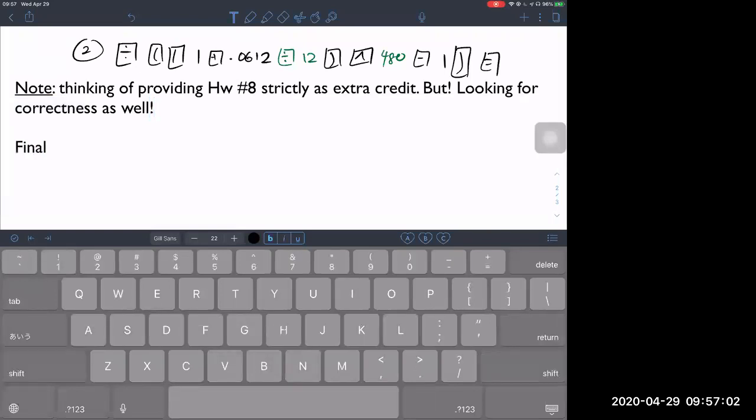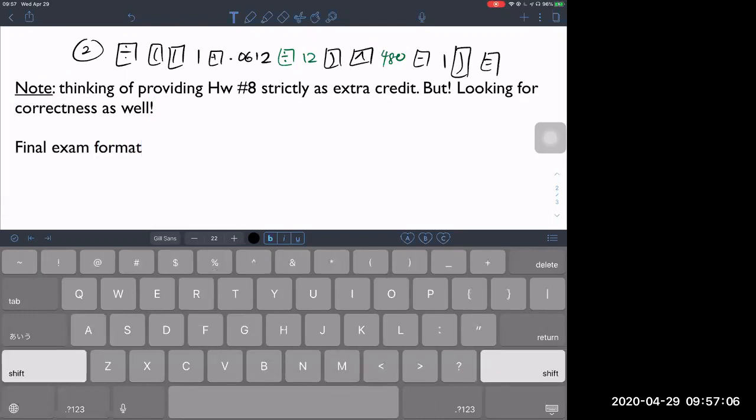Now for the final exam format, you're going to be looking at something like this. Okay. I've come to the conclusion that it will be a combination of Blackboard entry and uploading answers like you did for the last 2 homeworks, right?